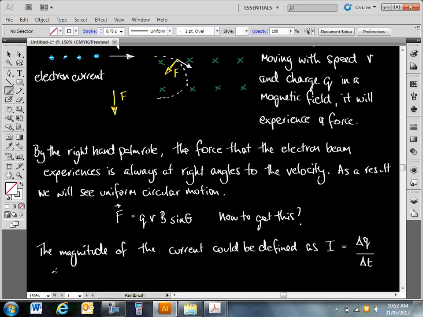What that means is that's the rate of flow of charge, delta Q on delta T.